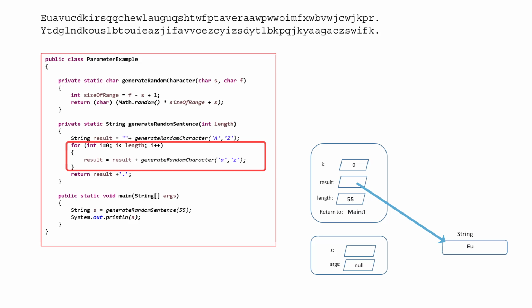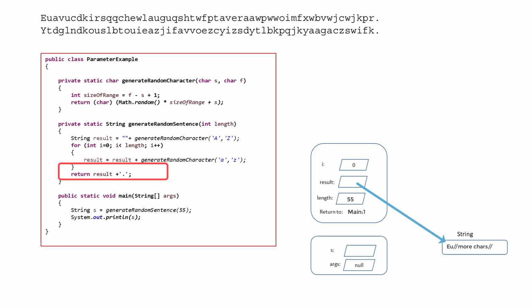Now that loop is going to happen 55 times. So 55 times we're going to generate a random character and concatenate it onto the end of the string and make result point at that new string. At the end of that loop, we'll have a long string with one capital letter and a bunch of lowercase letters. This last return statement is going to concatenate a period onto the end of that and return that to the main.